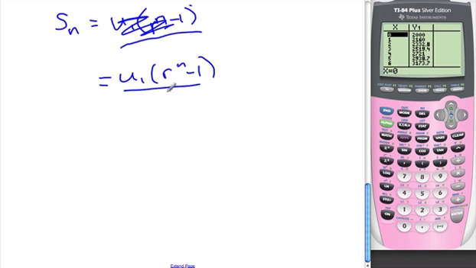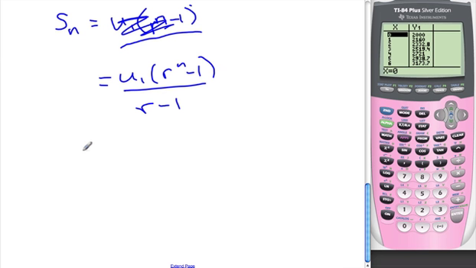Okay, so the sum for a geometric sequence, we're going to use the formula with R to the n minus 1. That looks messy. Okay, like that.